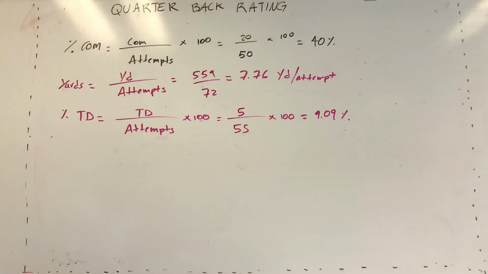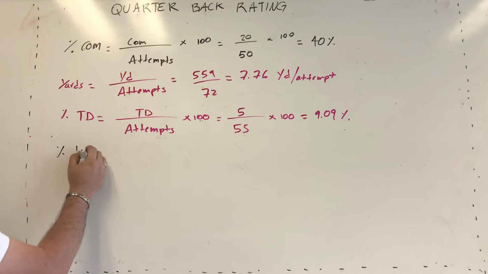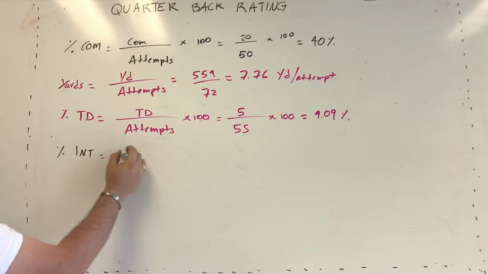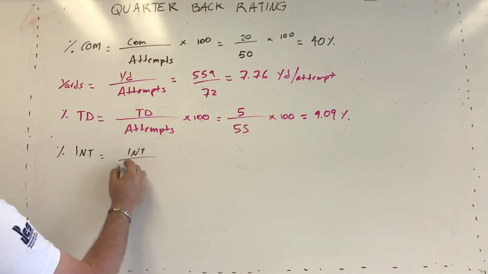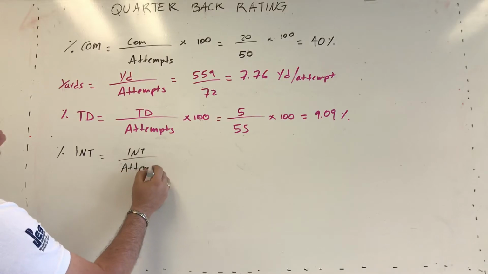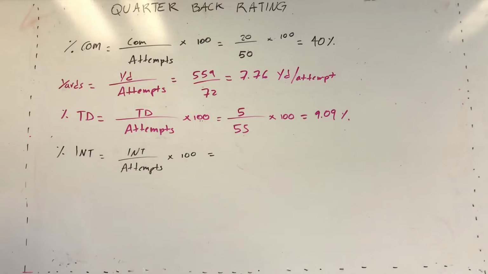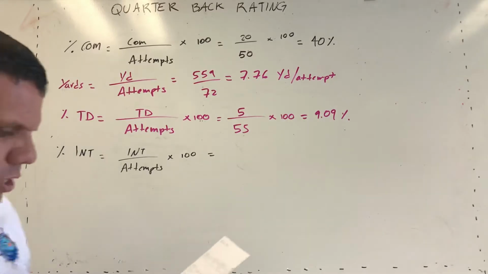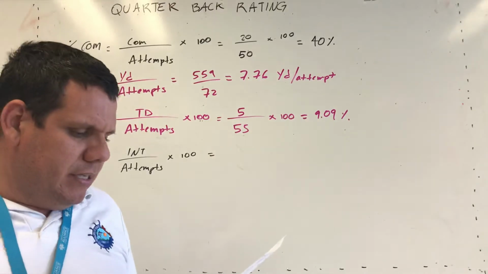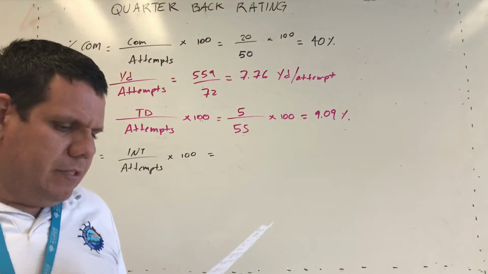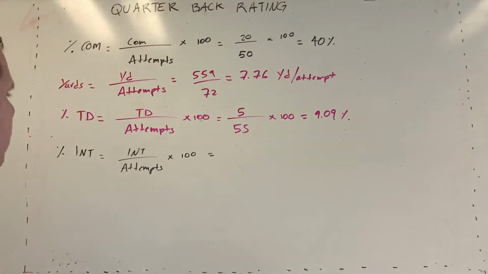Now the percentage of interceptions. The percentage of interceptions equals the interceptions divided by the attempts times 100. I have a problem here. Gilbert King got 6 interceptions in 60 attempts. Determine the percentage.